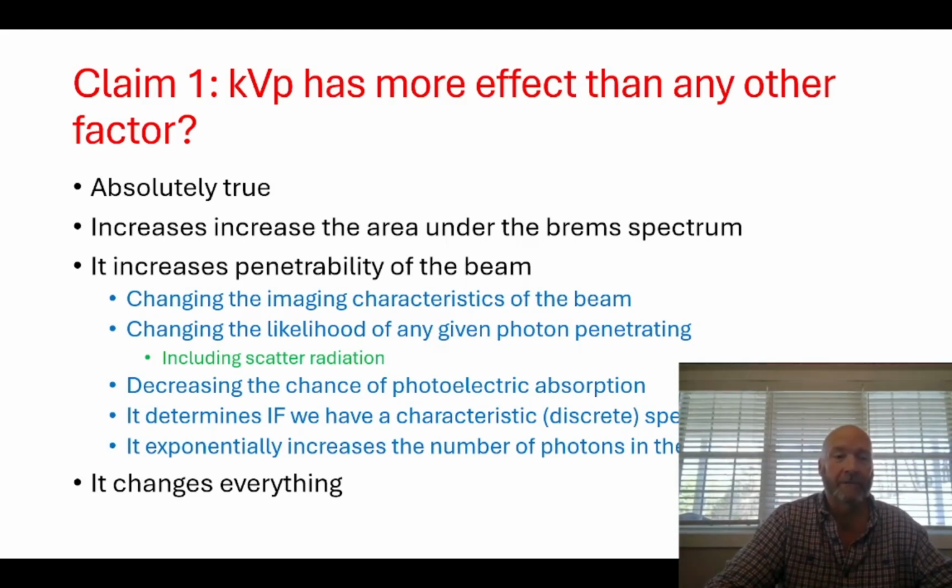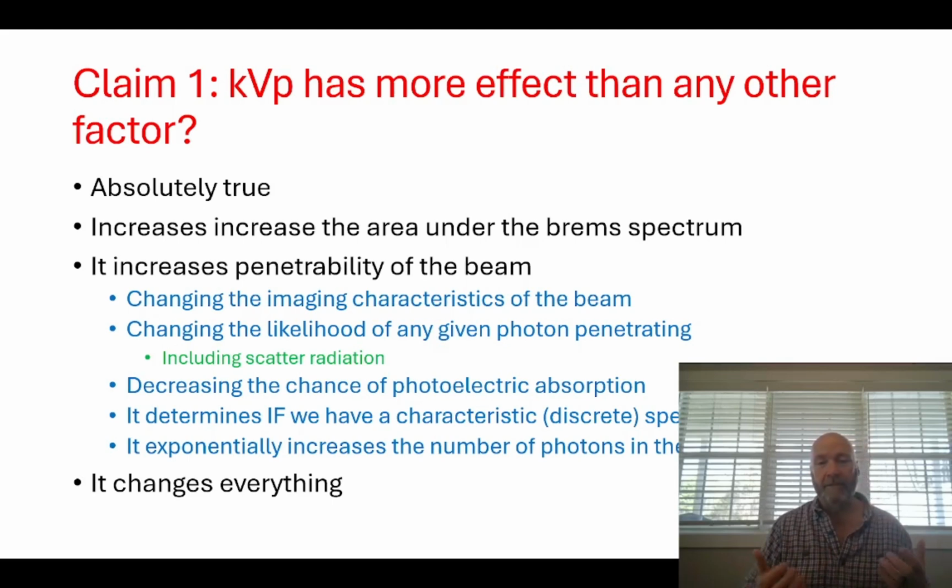And that is absolutely true. It increases the area under the Bremsstrahlung spectrum, so it increases dramatically how many X-ray photons we create. It also pushes the average towards the high energy side, meaning we get a more penetrating X-ray beam. It increases the peak energy, also making sure that we get a more penetrating X-ray beam.